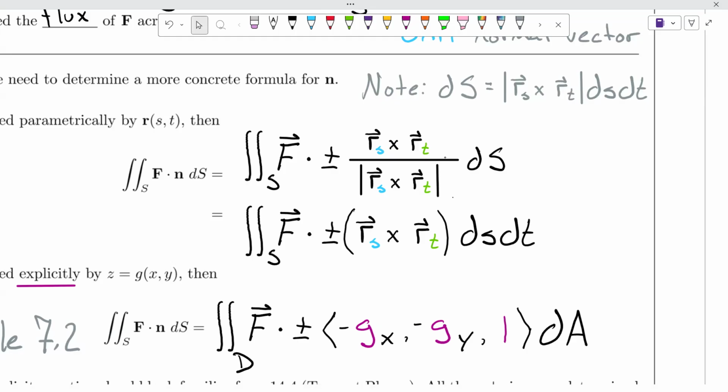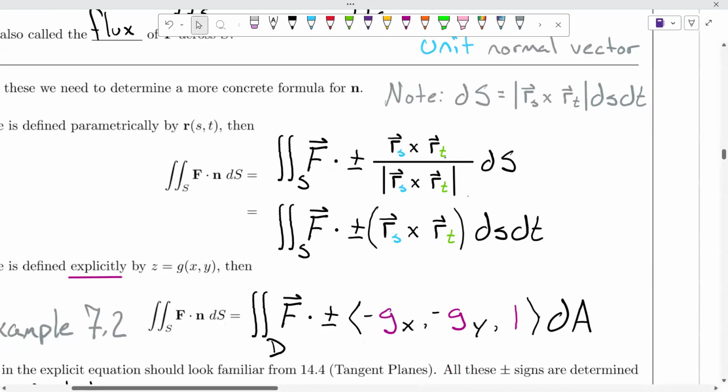Which means practically, when we're actually doing one of the integral problems, we just need to take the cross product of partial s with partial t. We find our parameterization, two partial derivatives, take the cross product, and that gets us our normal vector.